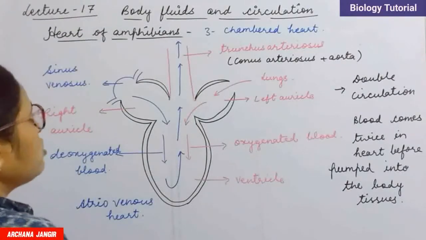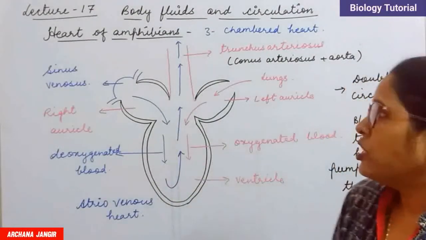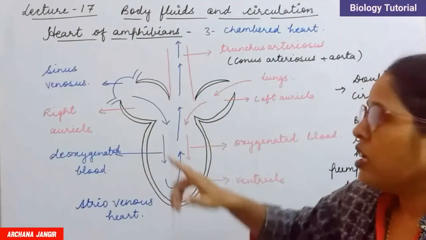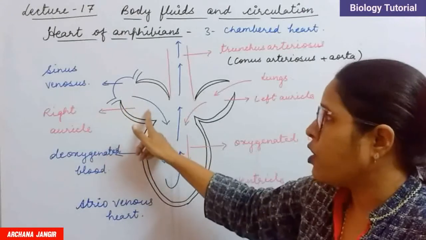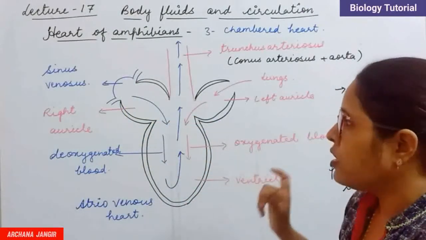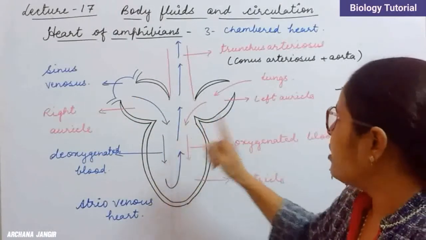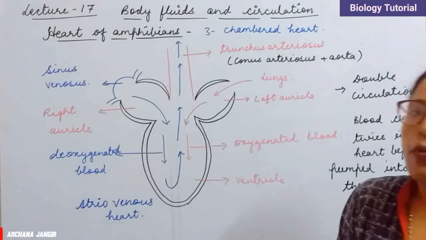Clear? So this is all about the heart of amphibians, in which the three-chambered heart is there. The right auricle receives deoxygenated blood from the sinus venosus. The left auricle receives oxygenated blood from the lungs.